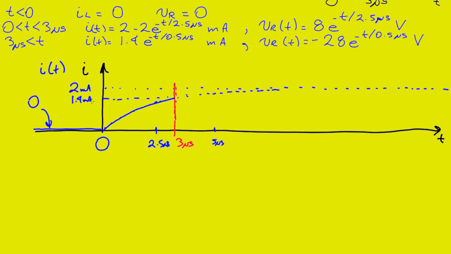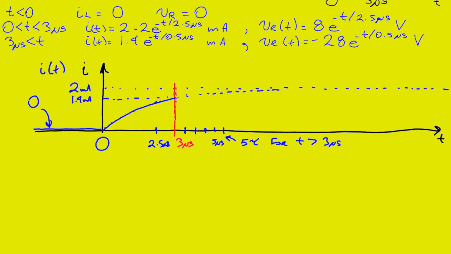Well, I want to have 5 time constants in here. If I have 5 microseconds on there, that'll be 4. So my first time constant is right here, second, third, fourth, fifth. So by the time I get to that mark there, that will represent 5 tau for t greater than 3 microseconds.